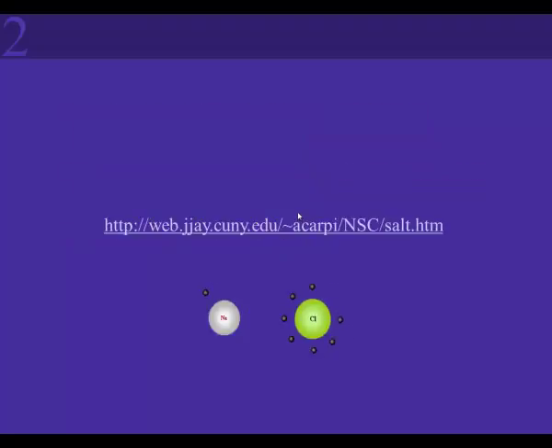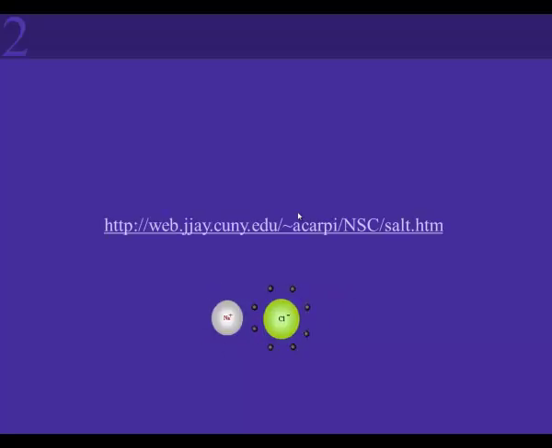So let's take a look at what we're talking about here. This animation is showing the formation of an ionic bond between sodium and chloride. Chlorine has 7 electrons in its outermost shell, and sodium only has 1. Chlorine is also quite a bit more electronegative than sodium, so it manages to pull the electron completely away from sodium.